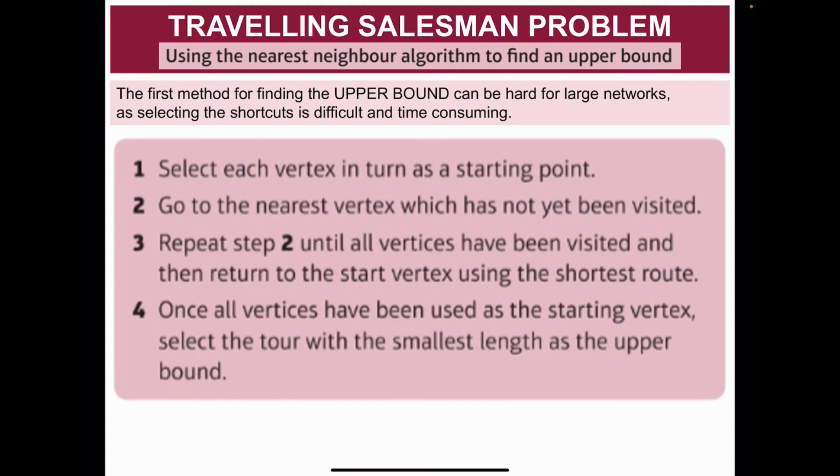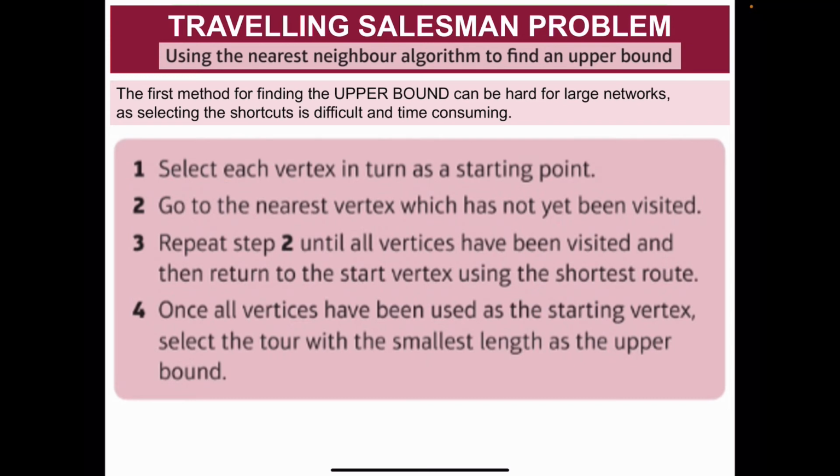In this case, you're going to select each vertex in turn as a starting point, and you go to the nearest vertex which has not yet been visited or selected. You're going to repeat this until all vertices have been visited and you have come back to the starting vertex using the shortest route.